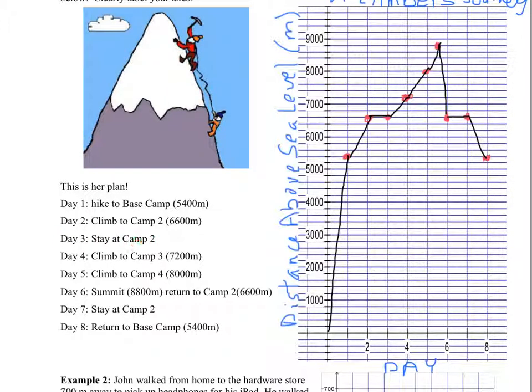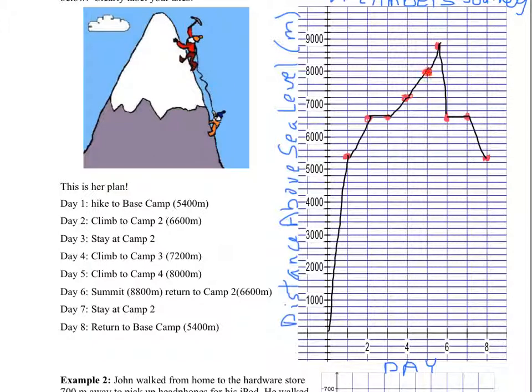And then on day 3, we are staying at that camp, so we've got our horizontal line because we're not changing our position relative to sea level. And then on day 4, we're climbing to 7,200, and then 8,000 on day 5. Now on day 6, here's where some could differ, because it's like what time during the day did they actually hit the summit.